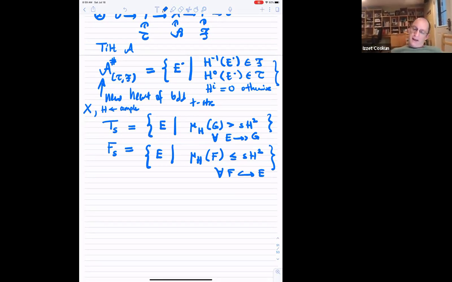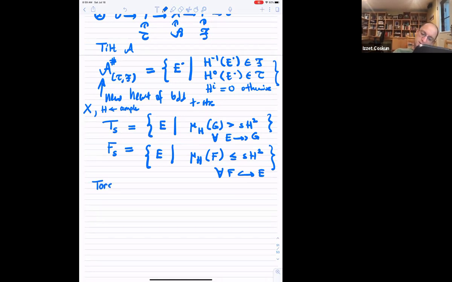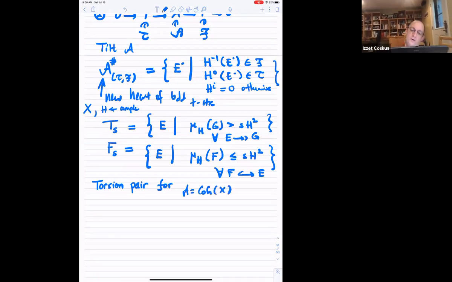Okay, this is a torsion pair, right? So this is a torsion pair for the category of coherent sheaves, right? And now, why is it a torsion pair? If you have something where all the Harder-Narasimhan factors have slope bigger than S H squared, then you can't map to something where all the Harder-Narasimhan factors are less than or equal to S H squared.